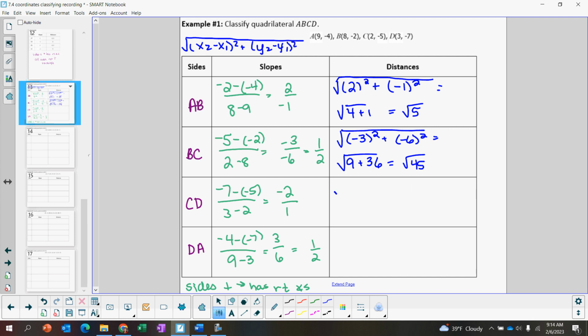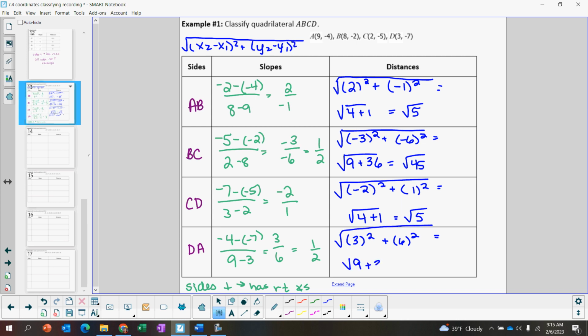So now we're going to do CD. That was negative 2 squared and positive 1 squared. So that's 4 plus 1, square root of 5. And then again, we're using the 3 and the 6. 3 squared plus 6 squared is 9 plus 36.